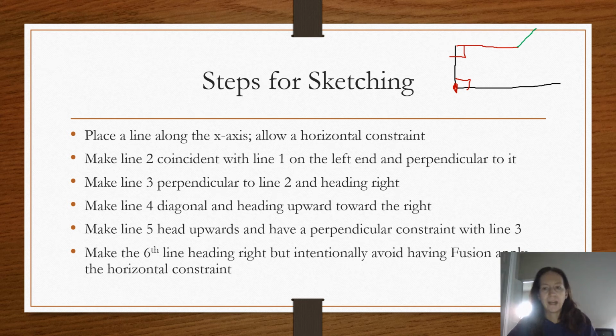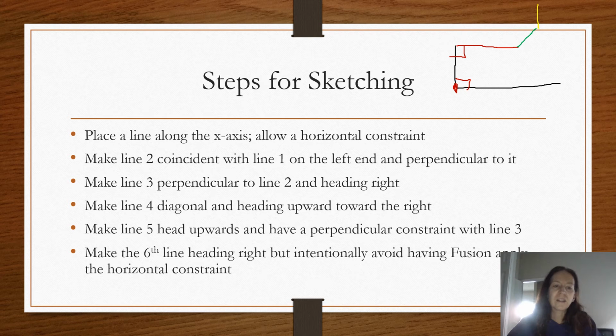Try to avoid any kind of automatic constraint that might pop up there. Make a line 5 heading upwards and have a perpendicular constraint with line 3. So that's like this. Going upward, and then you should see a symbol pop up that shows that this line is perpendicular to line 3, even though they're not touching each other.